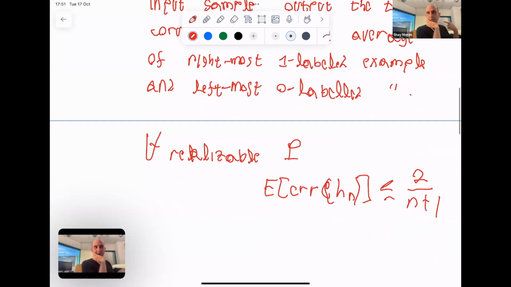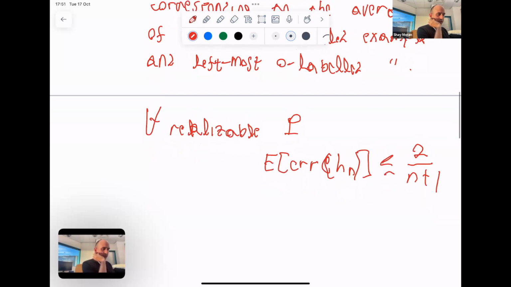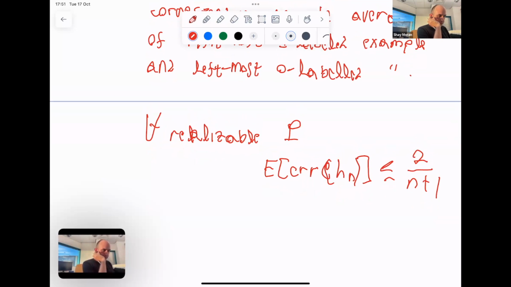So for every realizable distribution, if you feed it n examples and ask what is the expected error, the answer is at most 2 over n plus 1. There is a very simple and calculation-less proof of this fact, which I want to share with you. As I said, it also demonstrates a very useful technique of symmetrization.